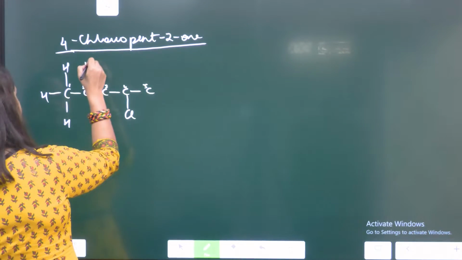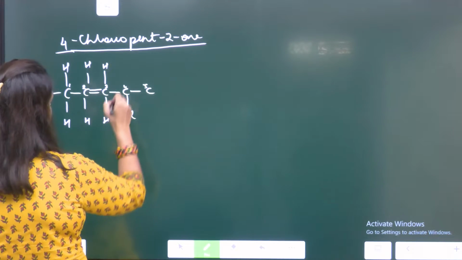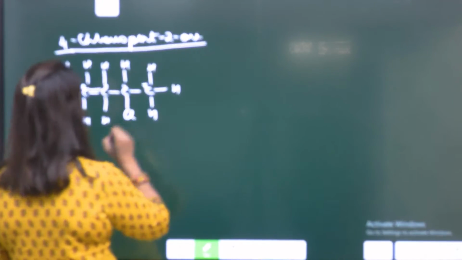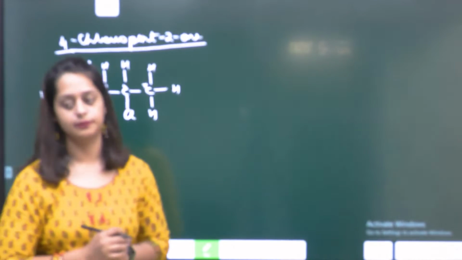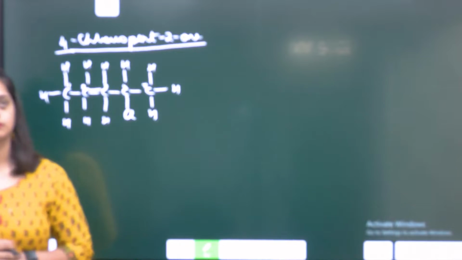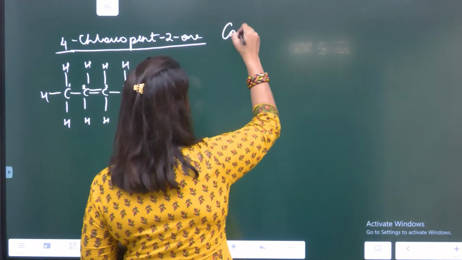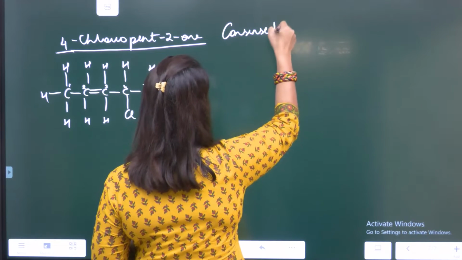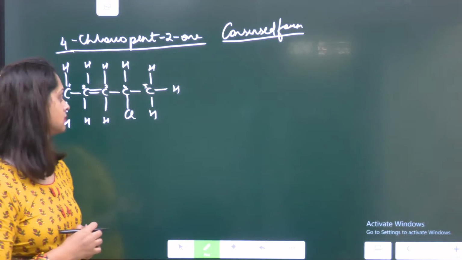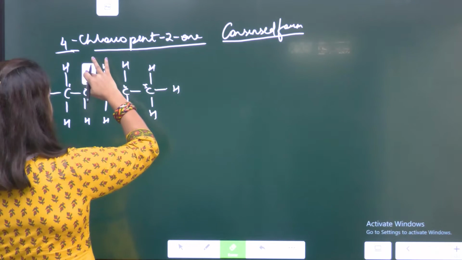How will I write the condensed structure in the case of multiple bond present? How will I represent a multiple bond with the help of a condensed structure? How will this look like in condensed form? Anyone? Ma'am, double bond can be used.